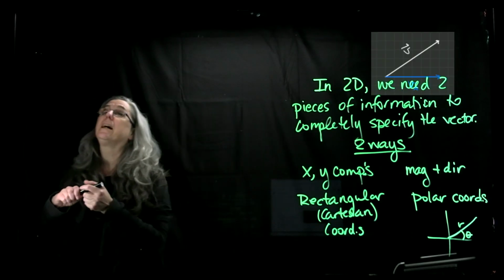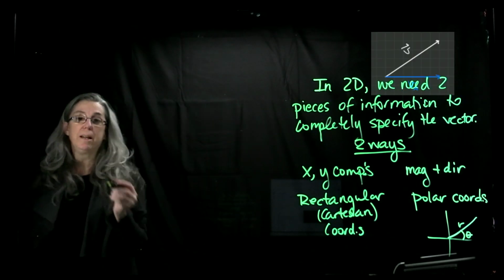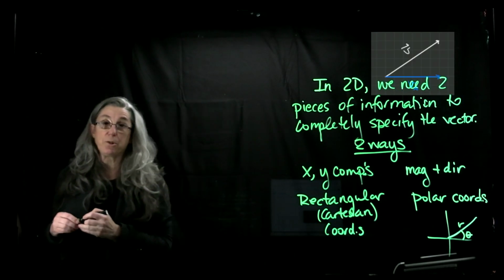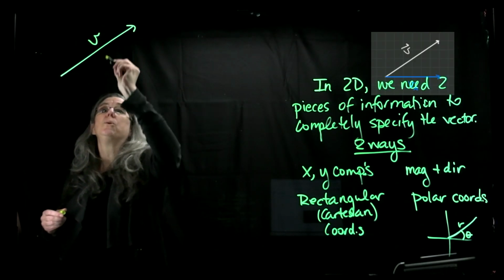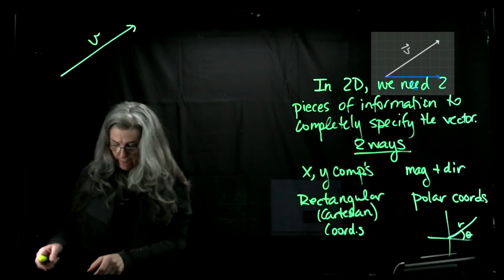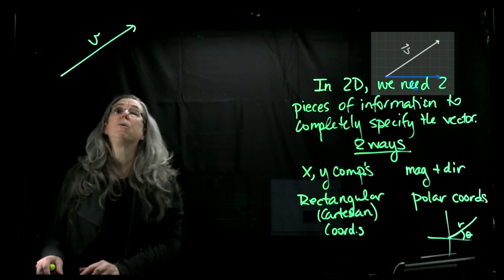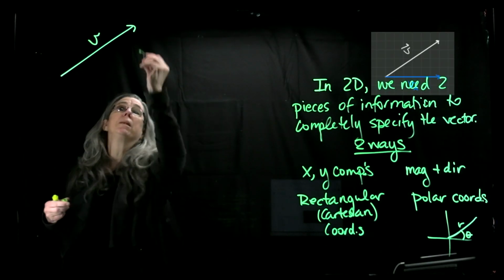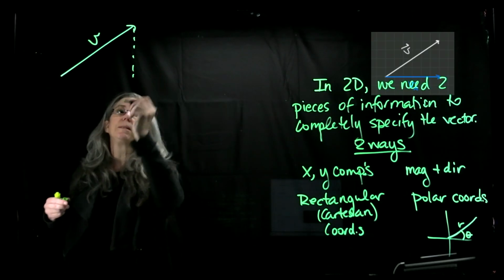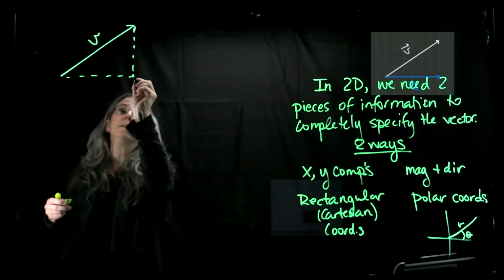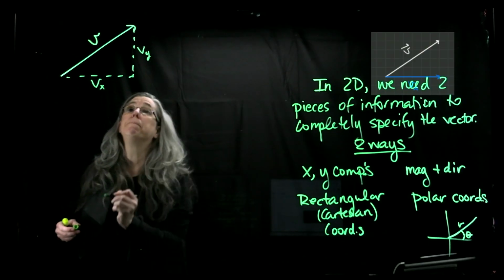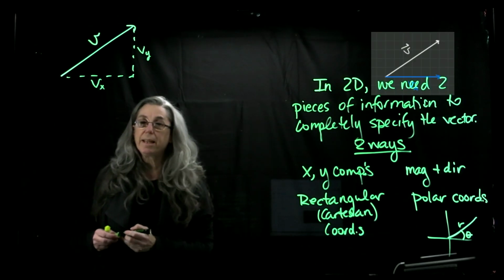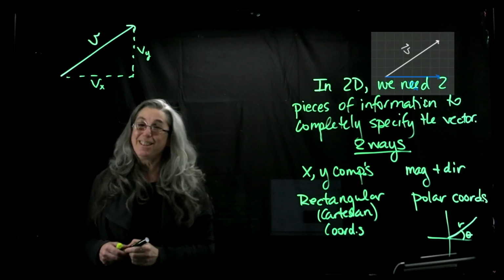And then, as I said, how do we find those components? Now it looks very much like a triangle. So if we have the total vector v, the long side of the triangle is always the magnitude. That is our Vx and that is our Vy. You can get the components by doing trig.